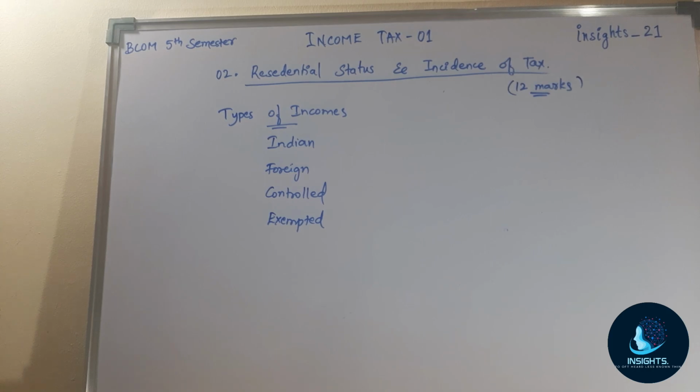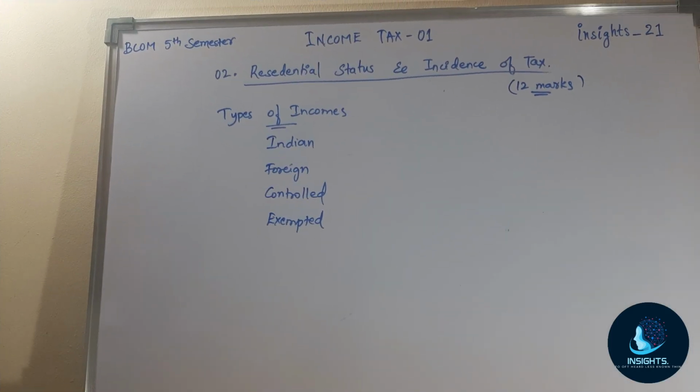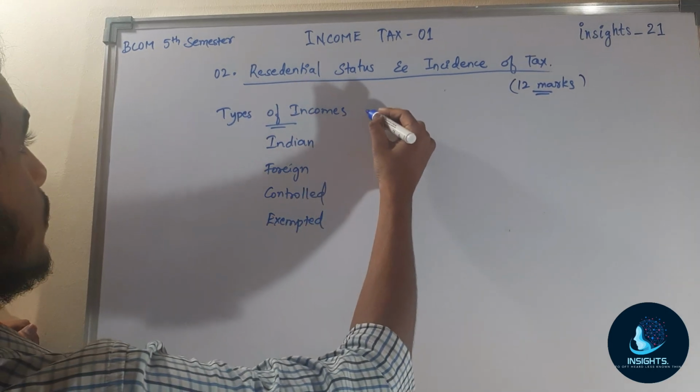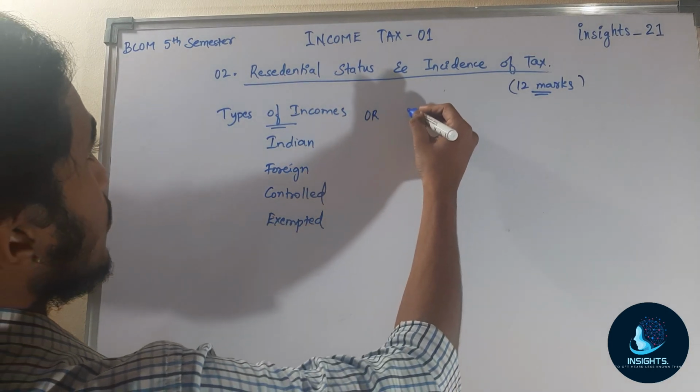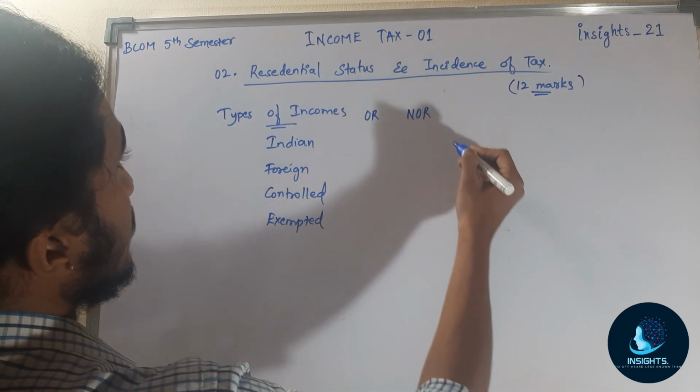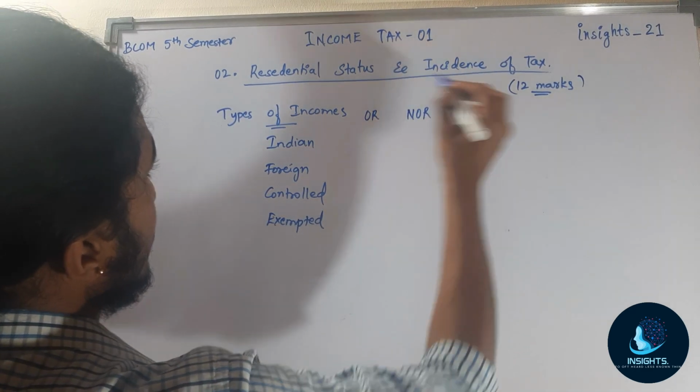These are the 4 types of incomes. Now it's time to know how these types of income are affecting the residential status of a person. So ordinary resident, not ordinary resident, and non-resident.